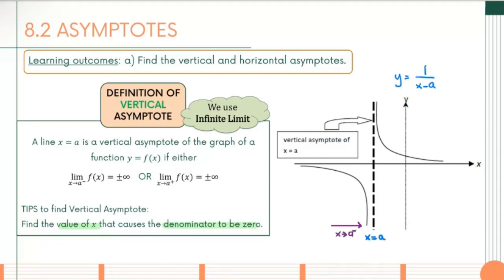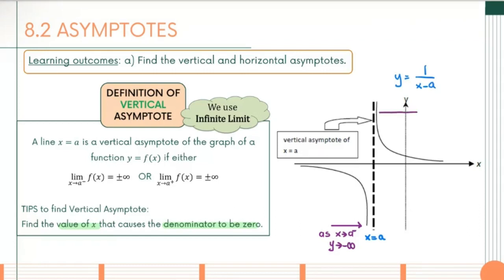So let's look at our graph. Graph kita ini, y kita menuju ke arah negative infinity. Nampak tak? Dia menghampiri line x equals to A tapi dia menuju ke arah negative infinity. So dekat sini, as x approaching A to the left, so y is approaching negative infinity. Okay, and then kita tengok pula daripada arah kanan.